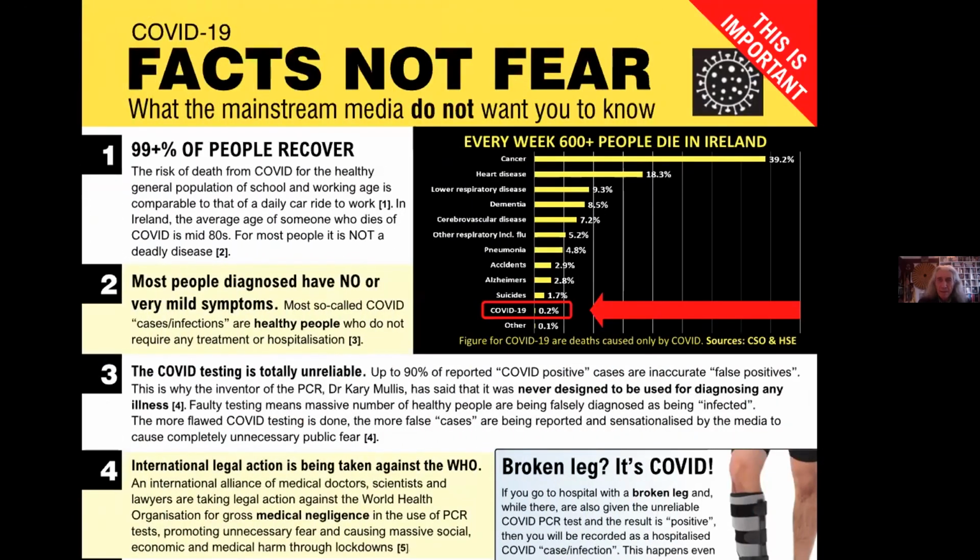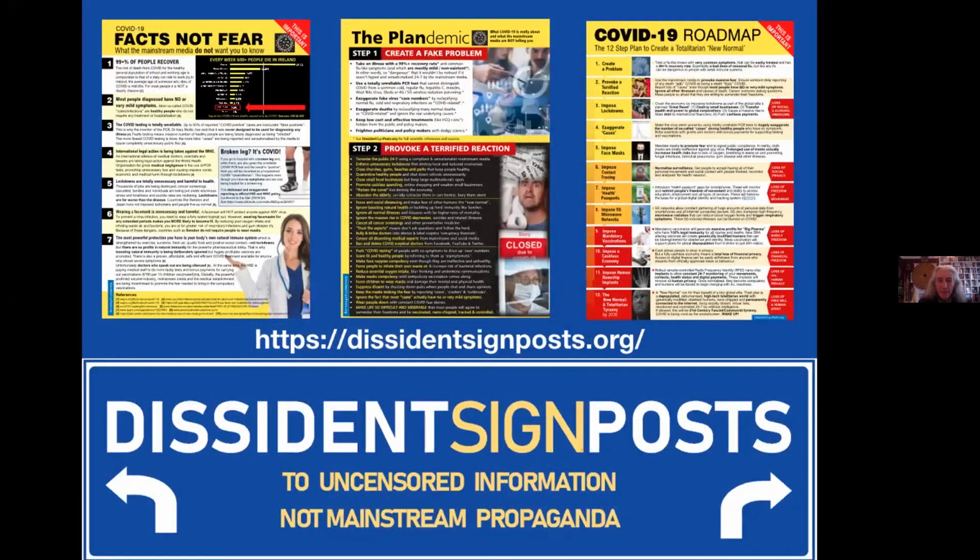One of the best resources I've come across is on this website, dissidencesignposts.org. These are very concise presentations loaded with linked resources that will give you the big picture, certainly, and they're here to alarm, but also to inform.